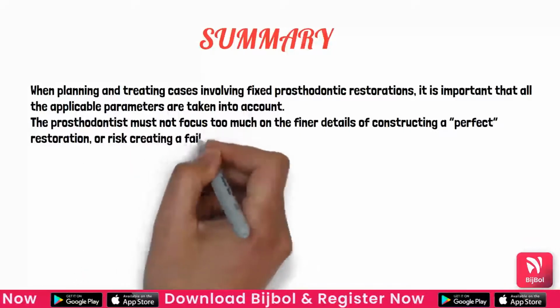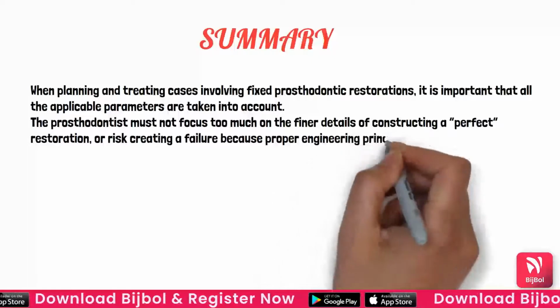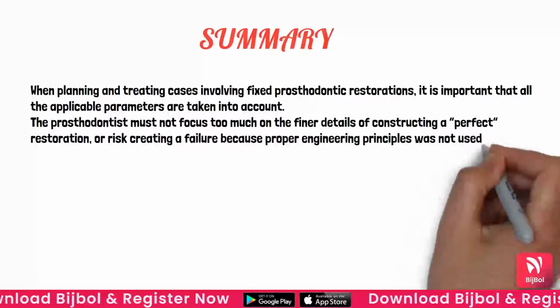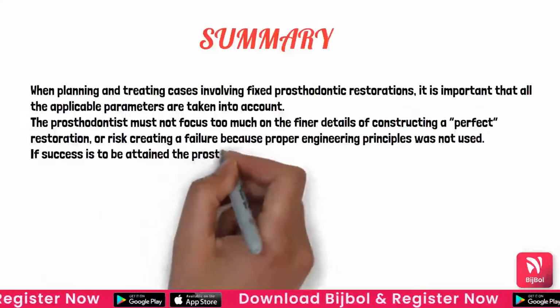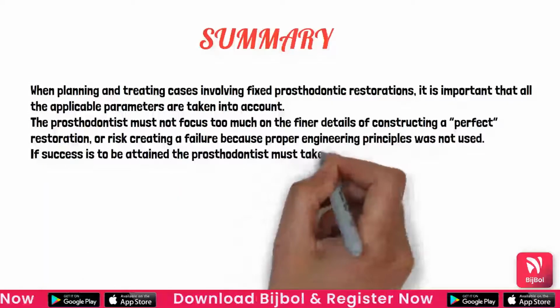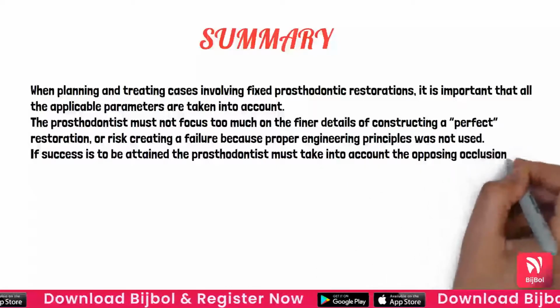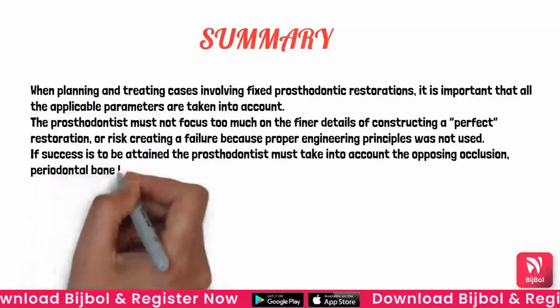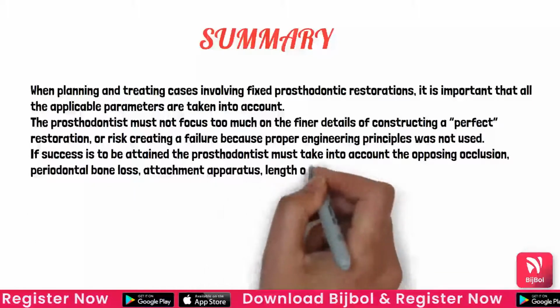The prosthodontist must not focus too much on the finer details of constructing a perfect restoration, or risk creating a failure because proper engineering principles were not used. We should always see whether we are trying to suffice the clinical situation or not. Perfection will definitely come, but first, can we do something for the situation with a fixed prosthesis or not? That we have to decide.